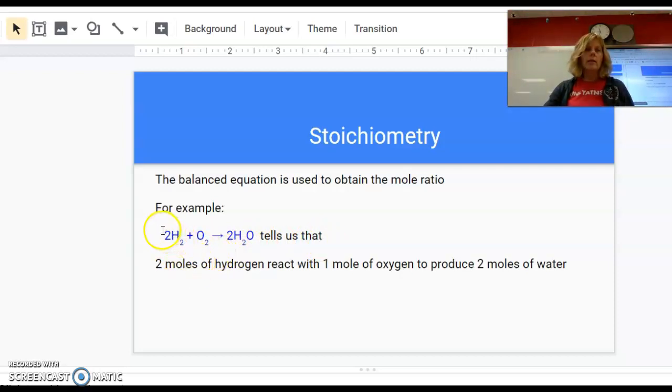This tells us that we could say it's 2 moles of hydrogen, H2, plus 1 mole of oxygen yields 2 moles of water. I could also say 2 molecules of H2 react with 1 molecule of O2 to produce 2 molecules of water.